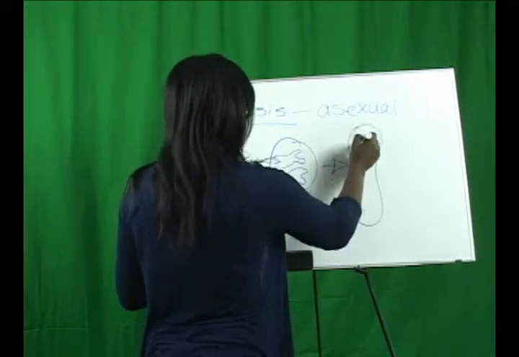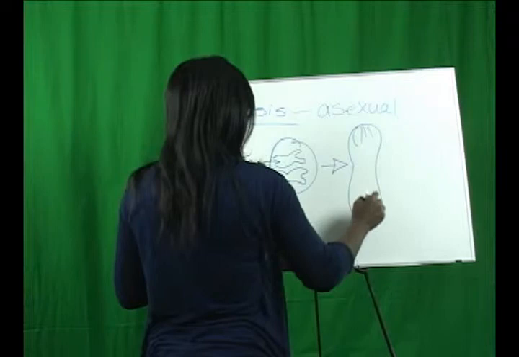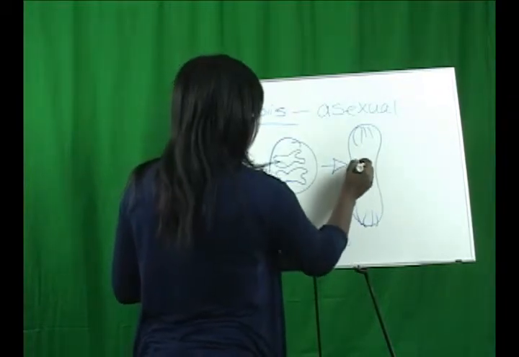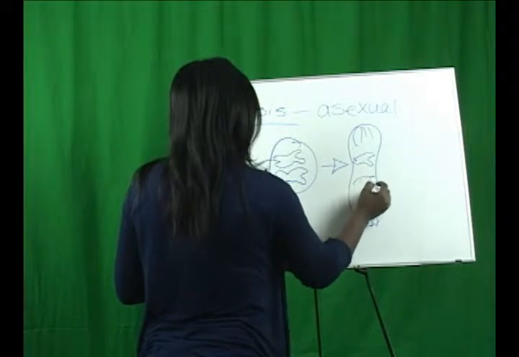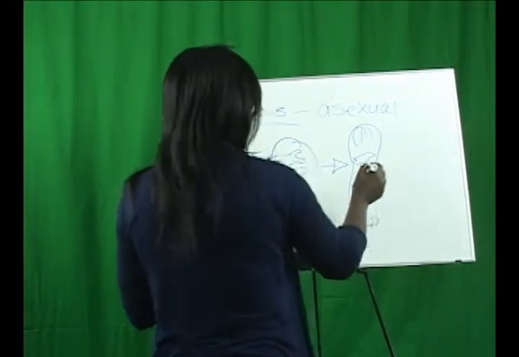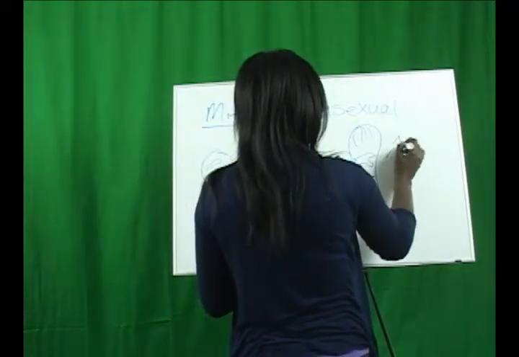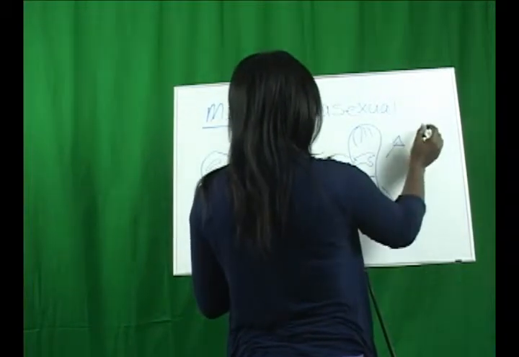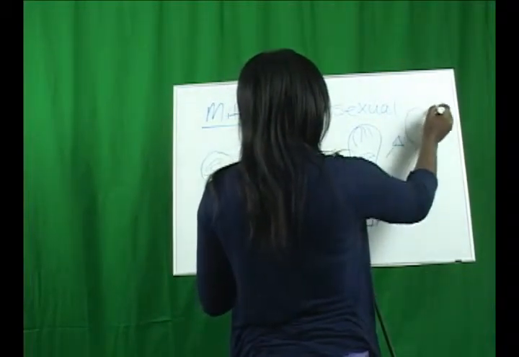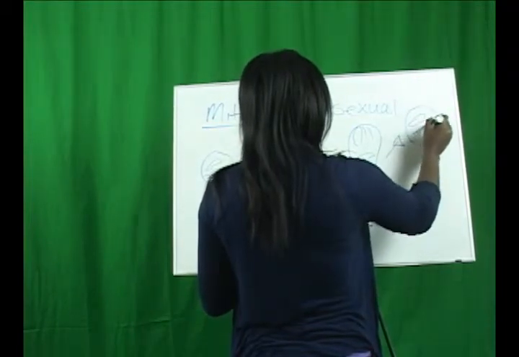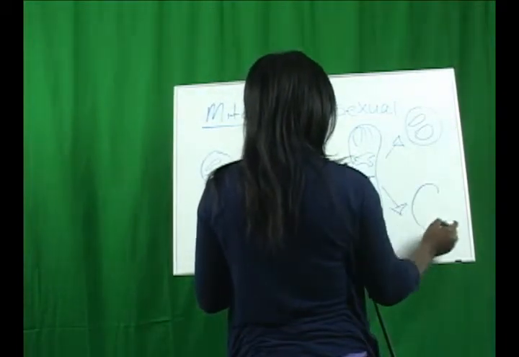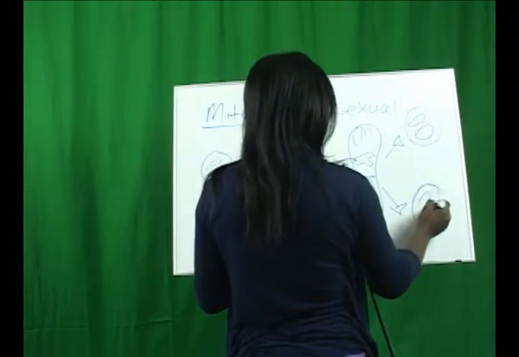Now, these processes cannot be seen with the naked eye. As a matter of fact, you would need to use a very special microscope to help you see the process. Mitosis is less complex than meiosis.